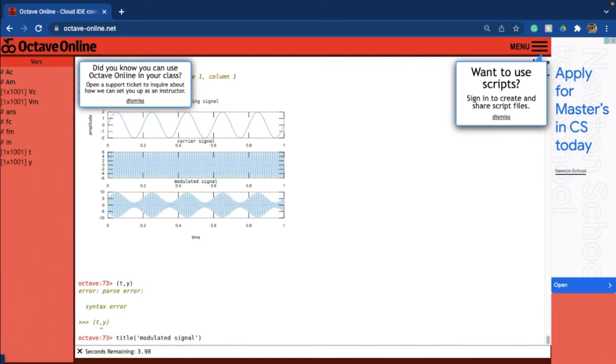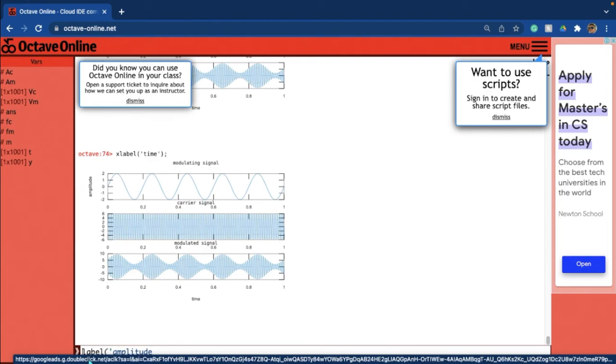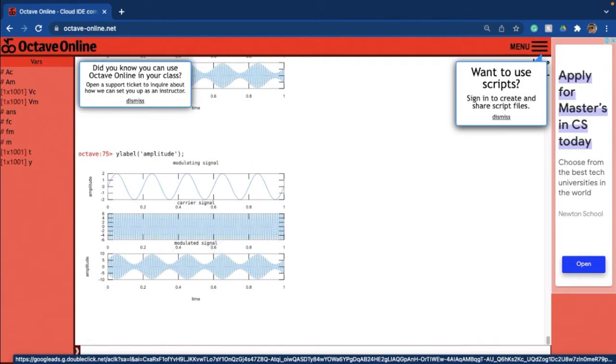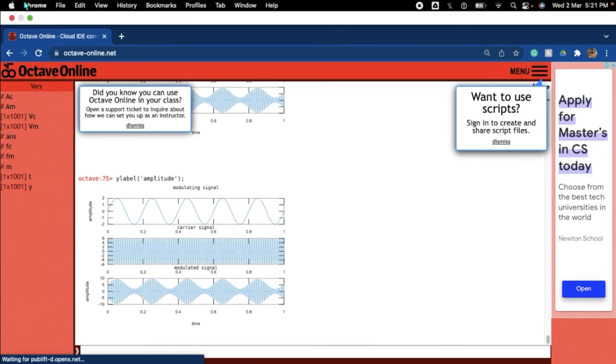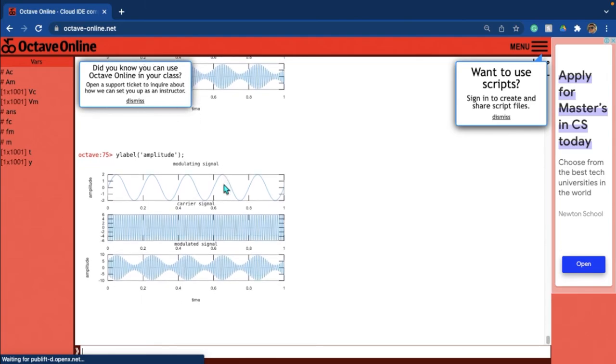Okay. And your X label, modulated signal.